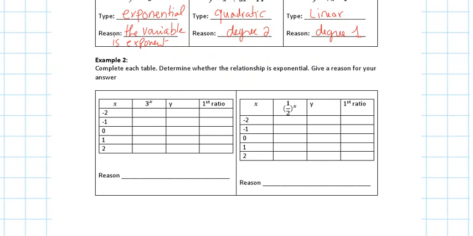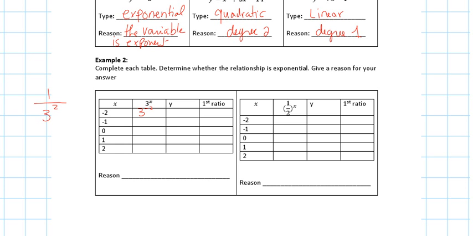If I have 3 to the power of negative 2, what is that equal to? 1 over 9. Remember that 3 to the power of negative 2 is the same thing as 1 over 3 to the power of 2, because if I have a negative exponent, I flip my base and make my exponent positive. So that's 1 over 9.